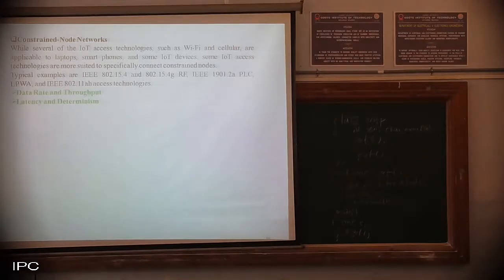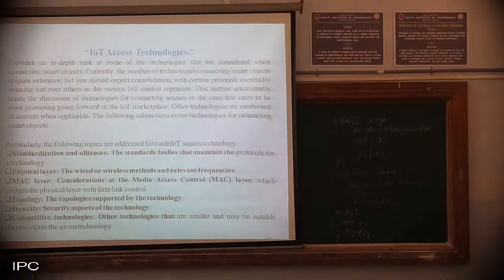Okay, this is about unit 2, and one more small concept remains, that is the IoT access technology. Here, particularly, the following topics are to be addressed for the different wireless technologies.